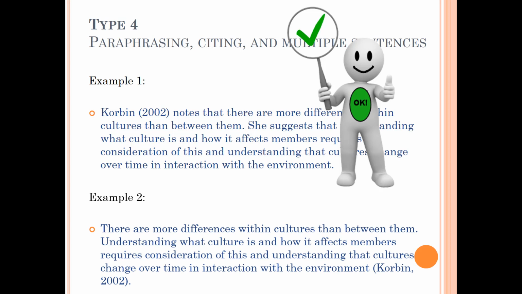Okay. How about this one? There are more differences within cultures than between them. Understanding, etc. And then I provide the author and the year. So I have this part of the citation. Is this plagiarism? Well, again, we have to look at this period here that separates our sentences. In this case, I provided attribution to Corbin for that second sentence in terms of the ideas.